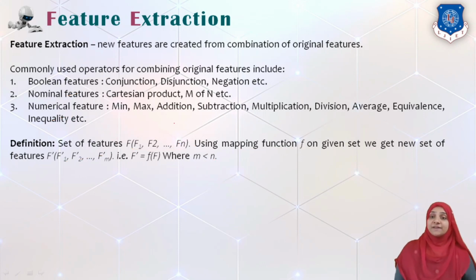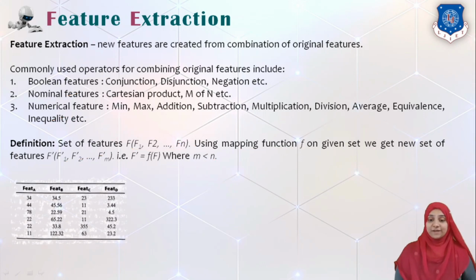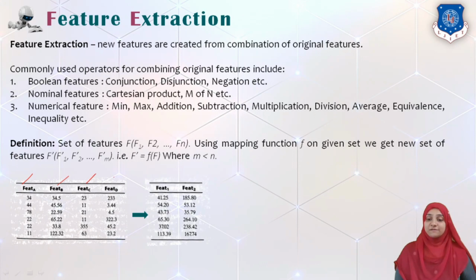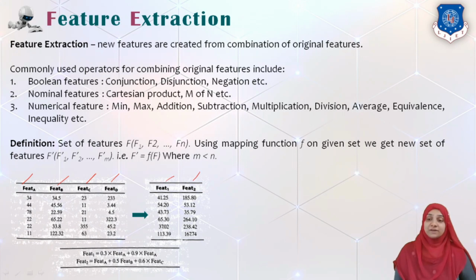Let us understand this feature extraction with the help of one example. As you can see, there is a set of four features, feature A, B, C and D. And the new feature space consists of only two features, feature 1 and 2. Here you can see all features are numerical, and obviously the new feature space also has numerical real values.